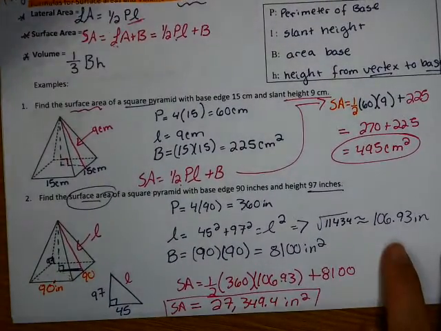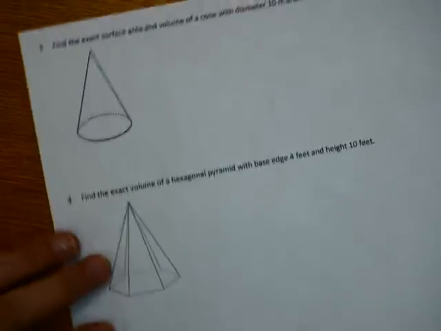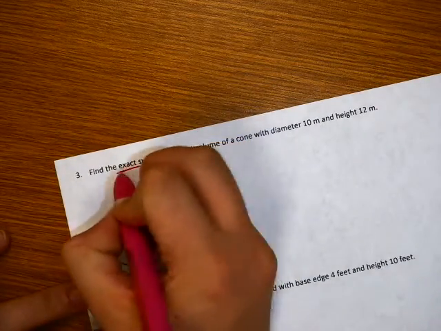Okay. So we have a couple more examples on the back, dealing with a cone, a hexagonal pyramid, and an oblique cone, which you will need for the homework. So let's take a look at number 3, keyword here, exact.